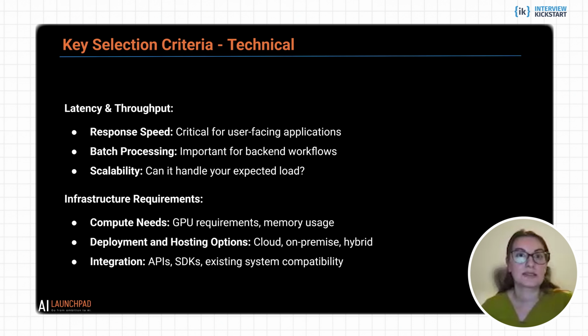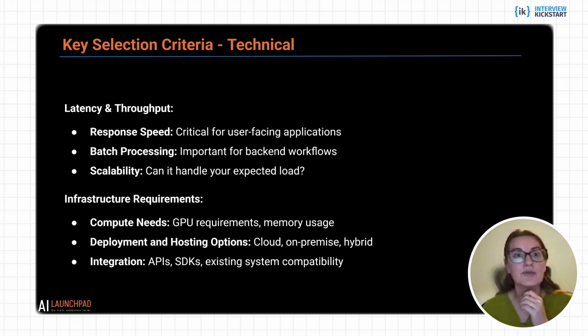From a technical standpoint, you definitely want to look at the latency, and it is very critical if you have a real-time application. For example, if you are building a live chatbot, maybe a customer service chatbot, you have live customers asking questions, and they may want to look up another question.